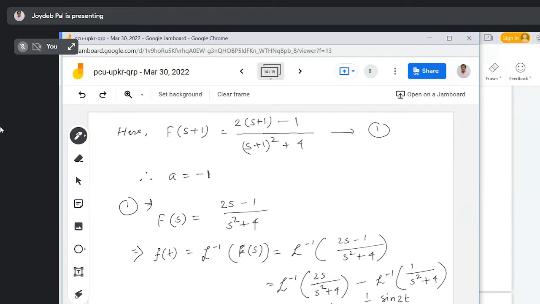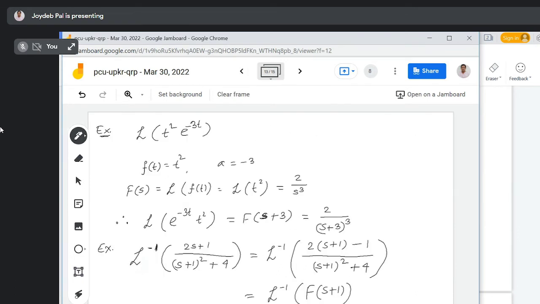Now we have small ft. Therefore Laplace inverse of f of s plus 1, it is what? E to the power at, means e to the power minus t into small ft. तो small ft अभी निकला है, वो small ft होगा. तो I am writing in the next page.